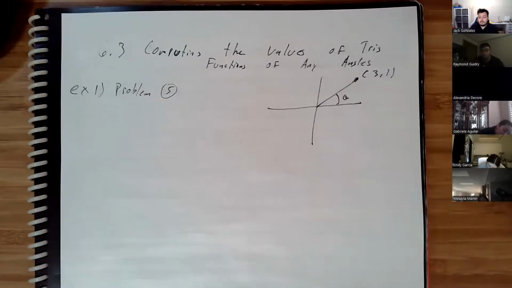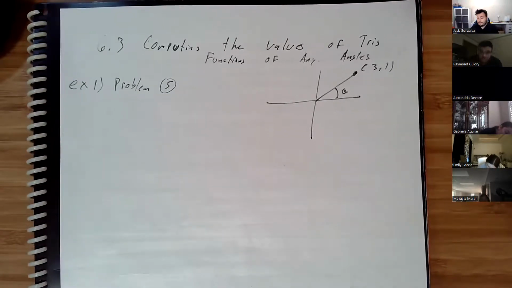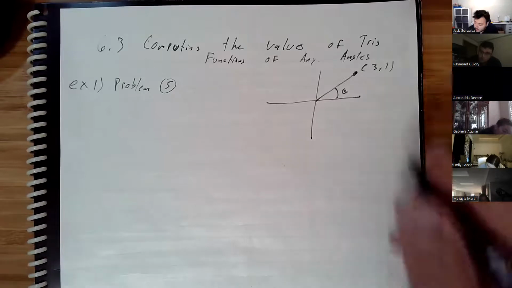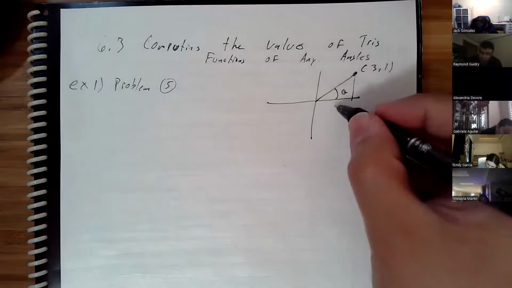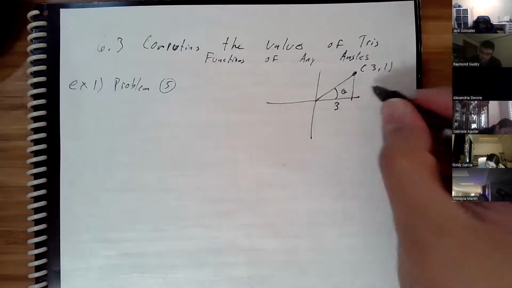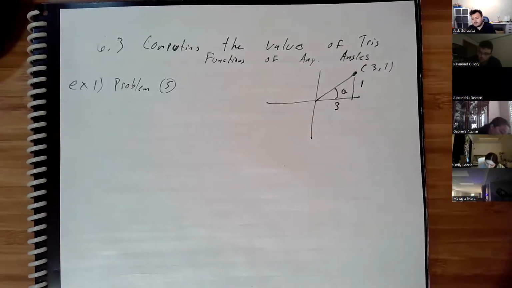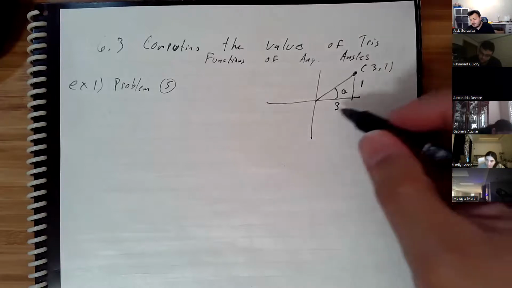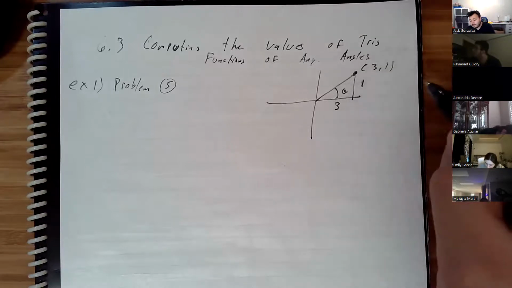So that would mean that the distance on the x is going to be 3, and the height is technically 1, right? Does that make sense? So then we technically do have a triangle if you're given a point like this.